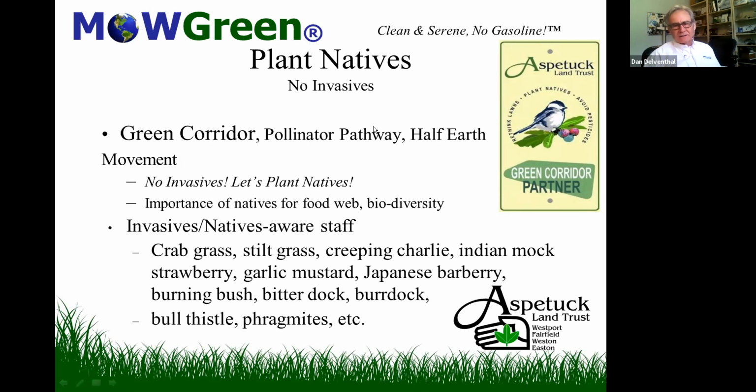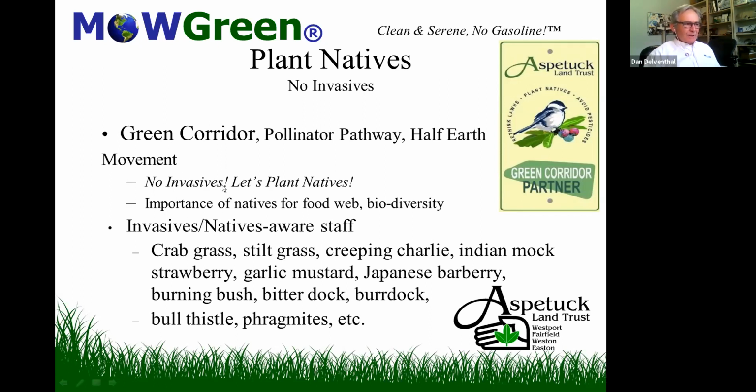The way we're going to do that is to convince private property owners to maintain at least 70% native plants for the health of the nature around us, including us. And one way of putting it is, if we don't do that, it's possible that the food web will collapse. So one of our missions is no invasives, let's plant natives.